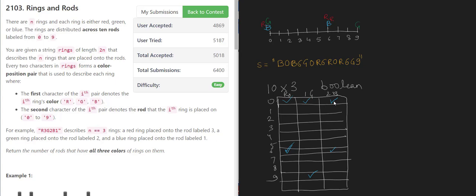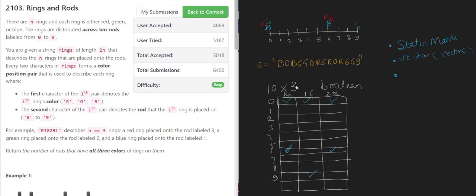This problem can be solved by taking a static matrix of 10 cross 3 size, or implementation-wise we can take a vector of vector, which is a dynamic matrix.